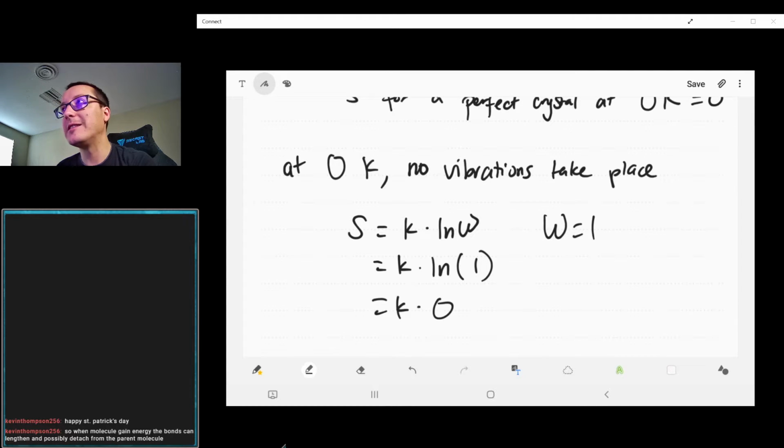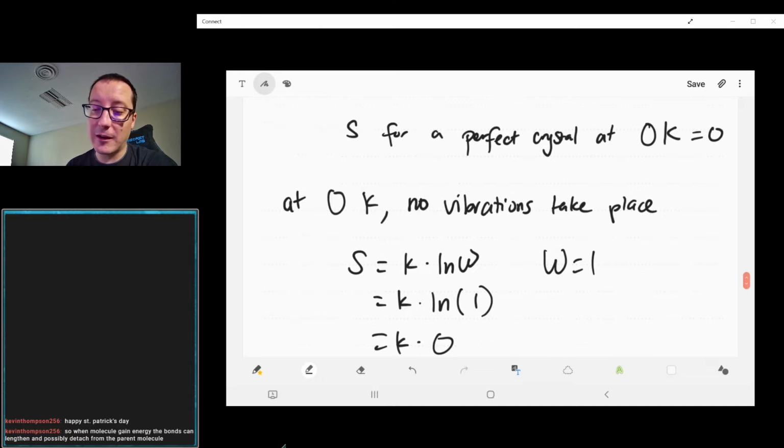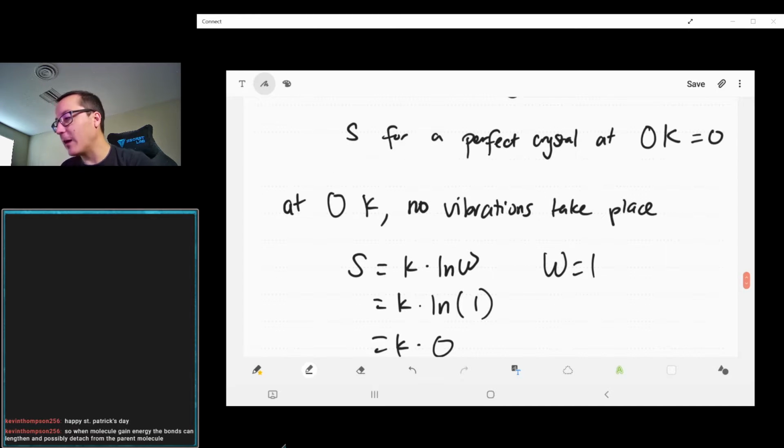And so this is just kind of, again, theoretical. We've never really reached absolute 0, but this gives us a kind of base point. If we can have a 0 for entropy, we'll be able to compare other things to this and be able to assign them quantitative values.